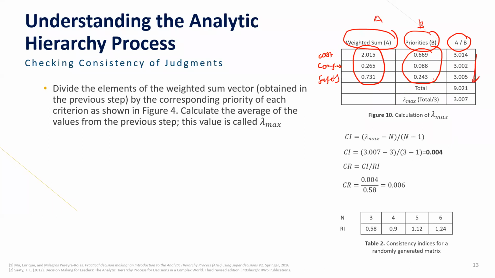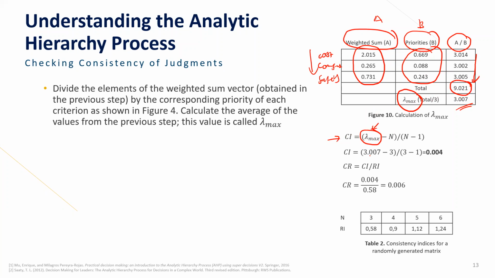The total of those numbers, because we have 3 factors, divided by 3, is called the lambda max, or the eigenvalue of this formula. So you need to find this one first.